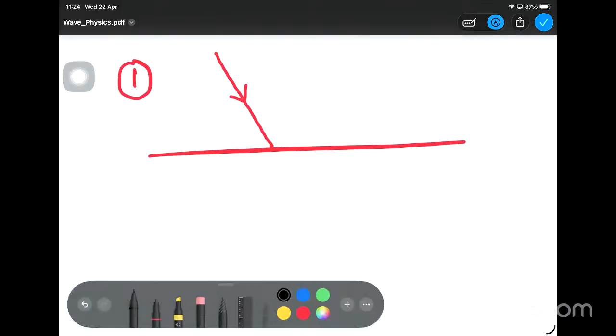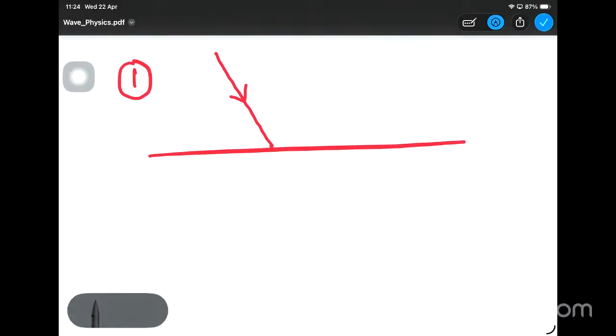That is the first step of the drawing. Remember to mention the direction, the arrowheads as well. And in order to get the normal, you need to measure it using a protractor, right? The normal will always be perpendicular to the surface.